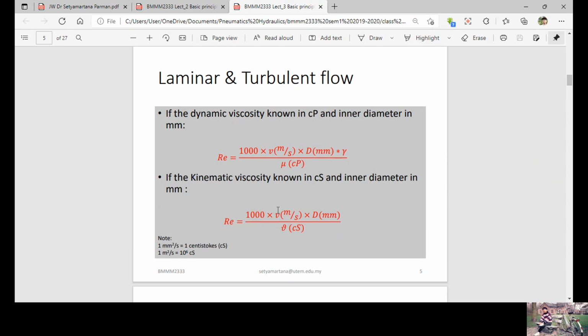So here V is in meter per second, D in millimeter, and nu in centistoke. As a note, 1 millimeter square per second equals 1 centistoke. So it means 1 meter square per second equals 10 power 6 centistoke.